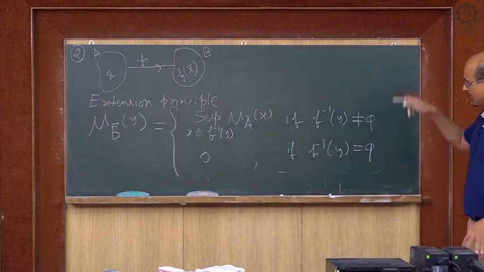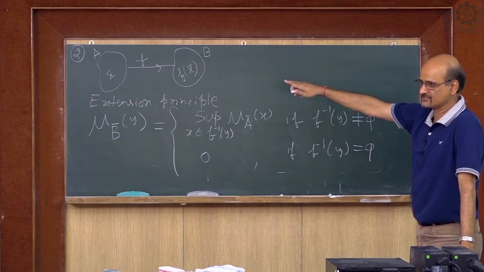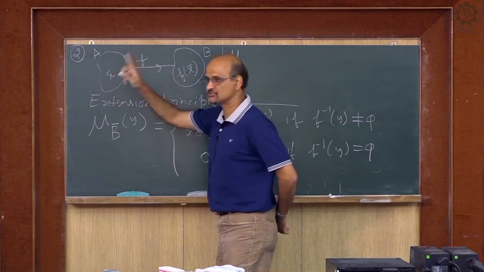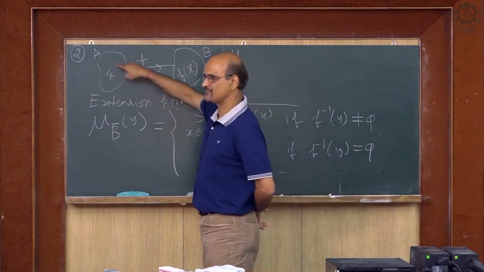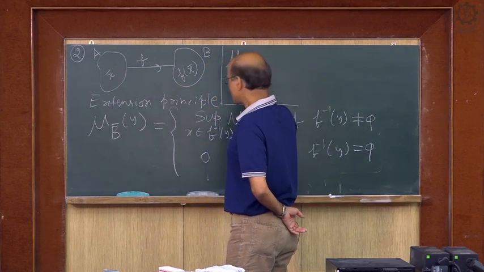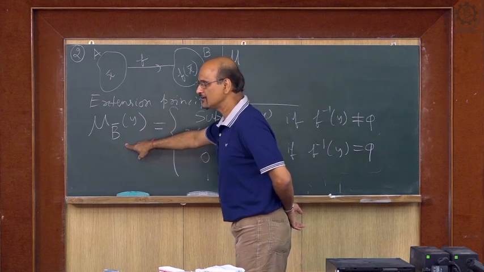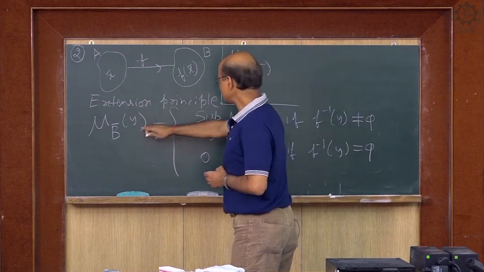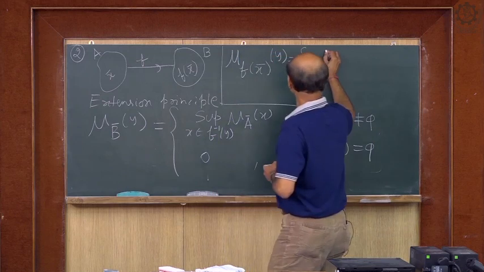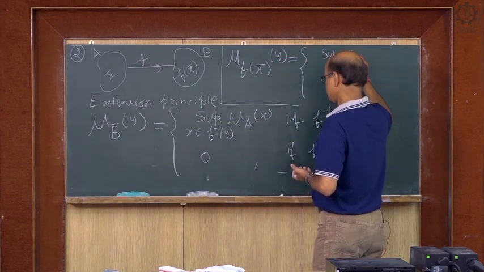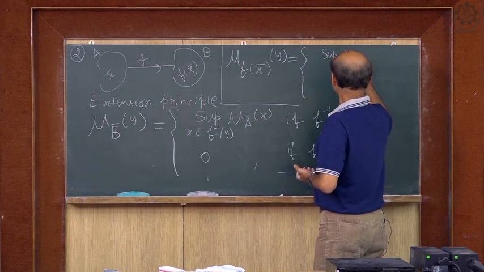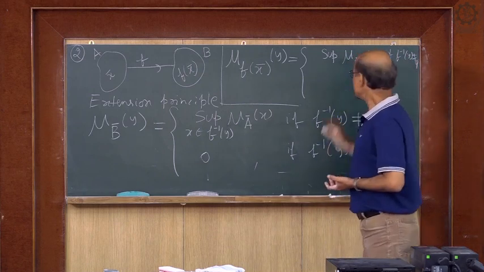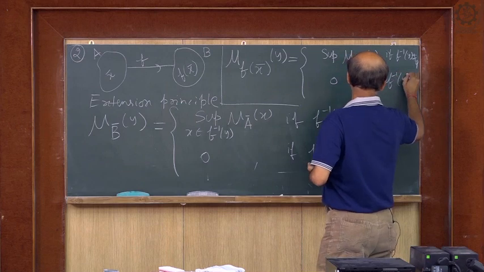This you have read, and I can use this same extension principle here. The only change is that in place of B bar, I will get the range of those uncertain, independent variables in A. So for B bar, it is actually the range, so I can have f of x bar, equal to the supremum of mu x, if f inverse y is not equal to phi, otherwise 0, if f inverse y is equal to phi.